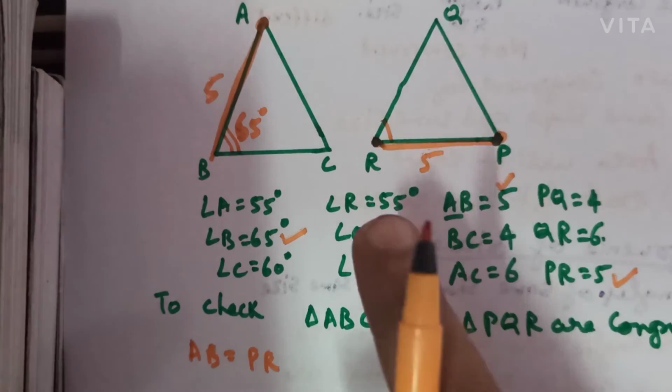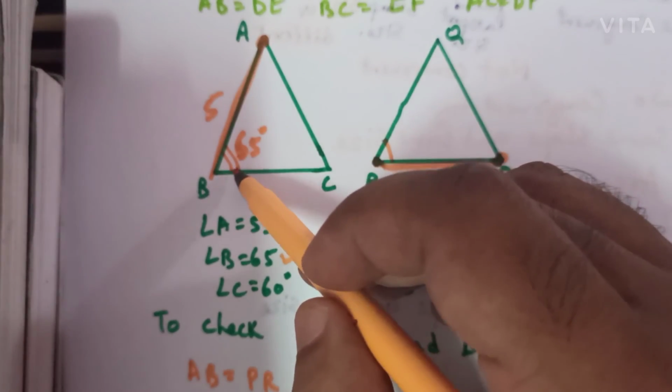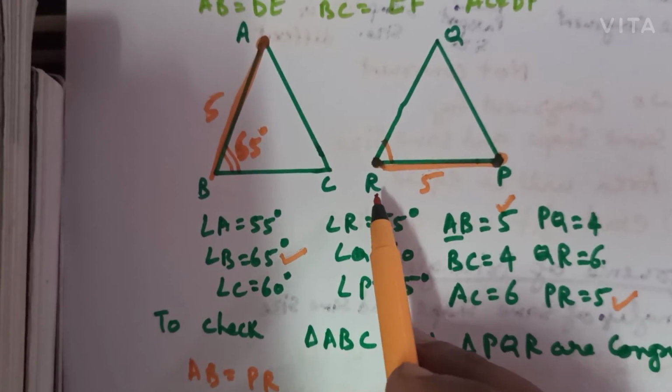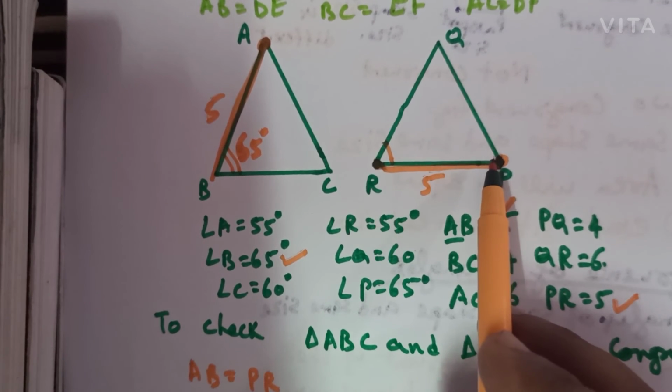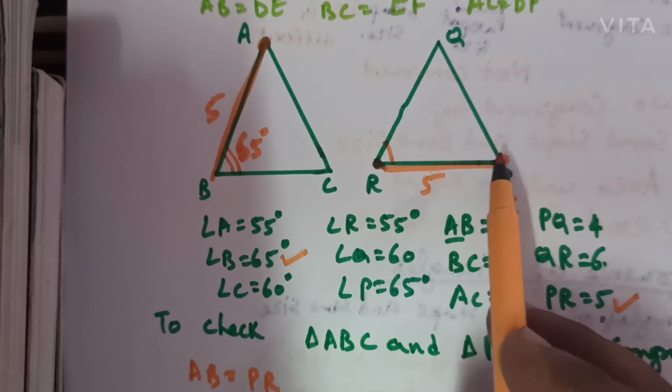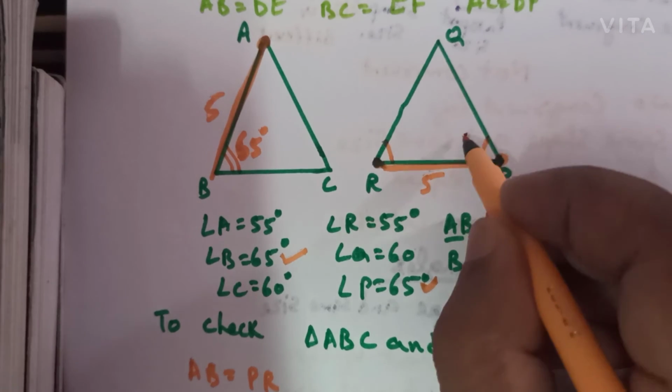So if we take a look at the two sides of line segment AB, angle B is 65 degrees, angle R is given 55 degrees. It is not equal to 65. So the other side is angle P. Angle P is 65. Yes, so angle P is equal.